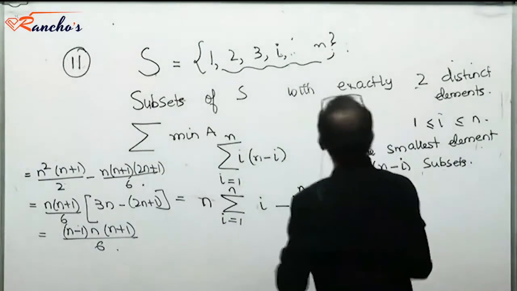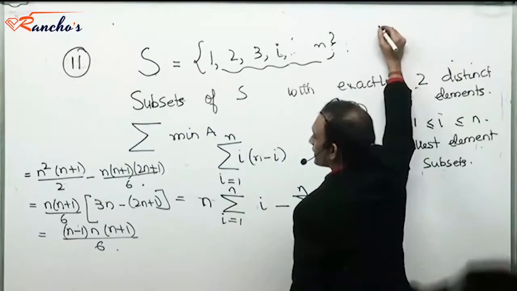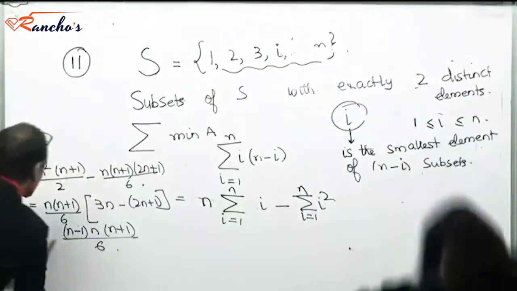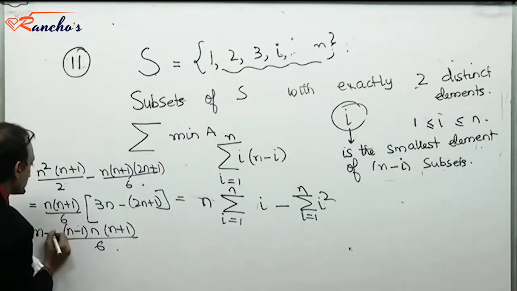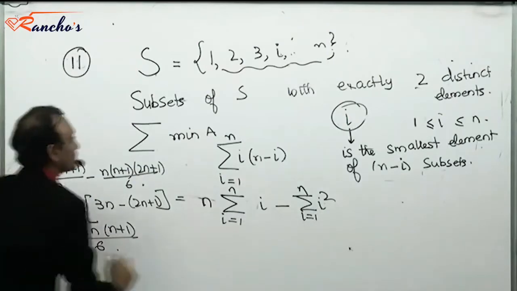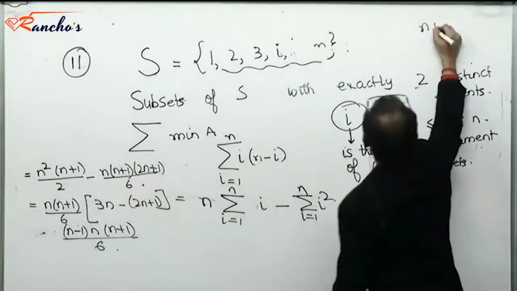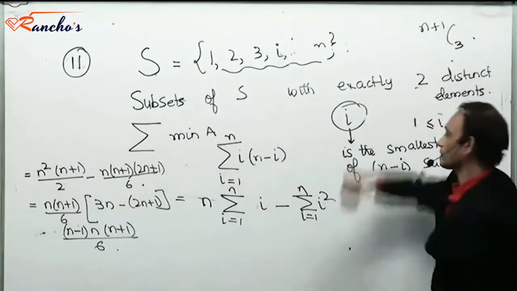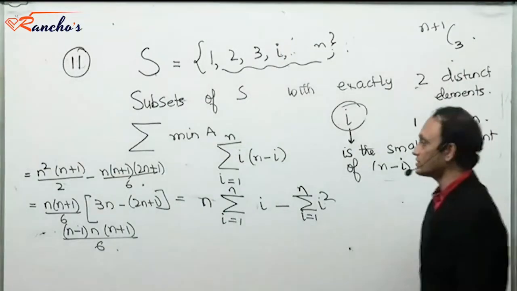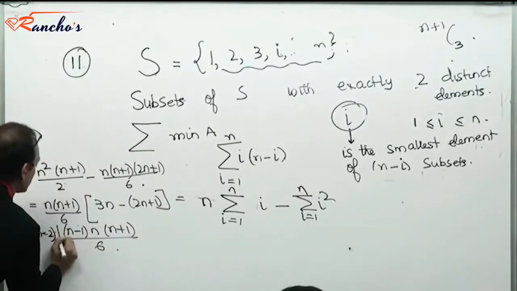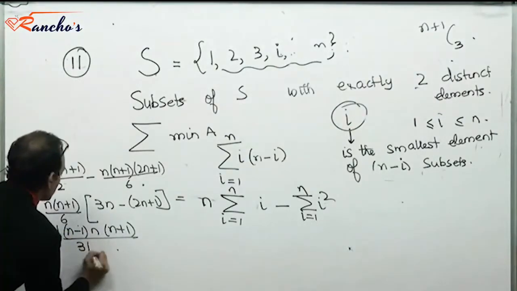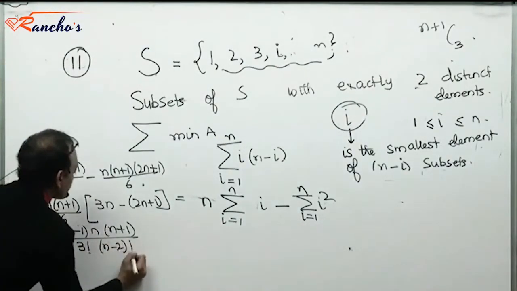Can it be reduced? This is n plus 1. If I multiply with n into n minus 1, n minus 2 factorial, it is n plus 1 C3. Is it n plus 1 C3? Yeah, it is n plus 1 C3. Because if I multiply with n minus 2 factorial, this will become 3 factorial, n minus 2 factorial.